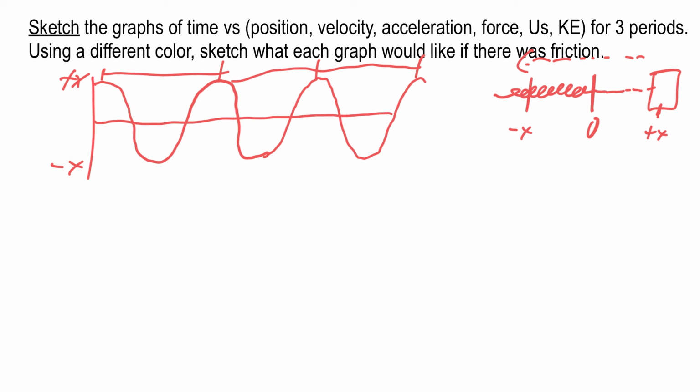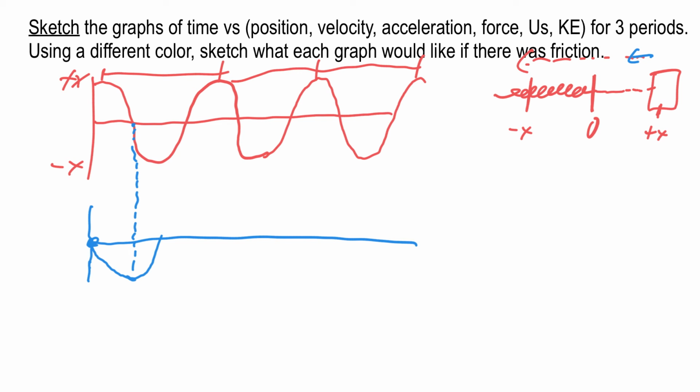Okay, let's do the velocity one. So I'll try to do this right on top of it. So for the velocity one, notice here that we start off in the negative direction, right? Actually, we start off at 0, but it's going to head in the negative direction. And when x is at 0, that's when our velocity is going to be maximized.